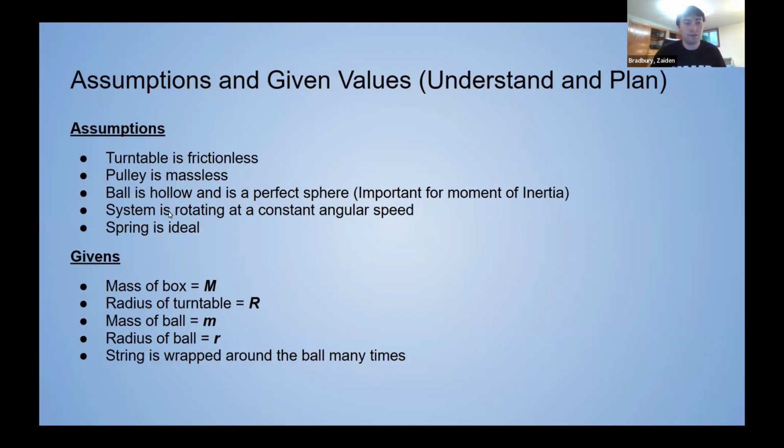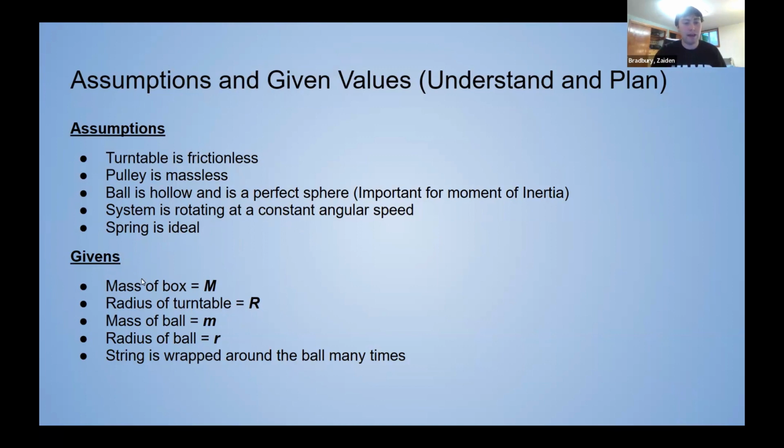And another assumption we can make, the system is rotating at a constant angular speed, like there's nothing that's going to change it. That's a given thing as well, but it's still an assumption that we can make. And another assumption is that the spring is ideal. So there are certain constraints to that that will be important in solving the problem as well.